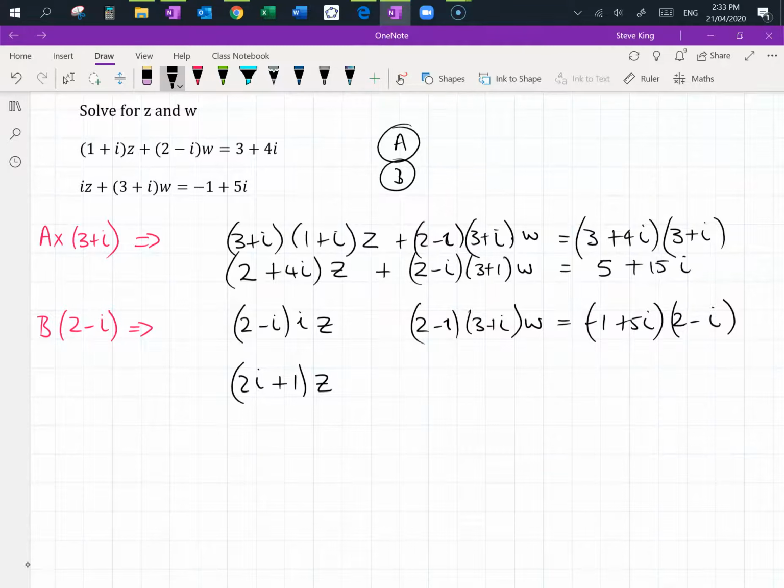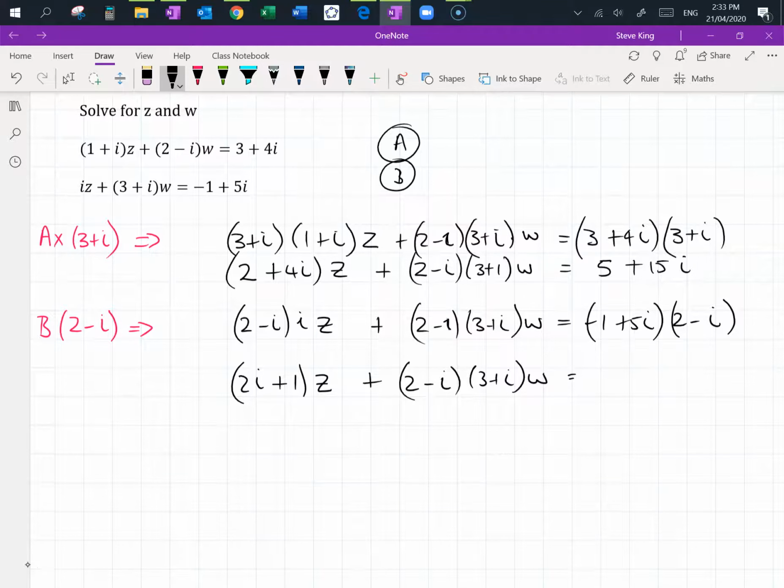z. I'll keep these as they are. 2 minus i, 3 plus i. And on this side, what have I got? I've got minus 1 times 2, which is minus 2. 5i times minus i, that's going to be minus 5i squared.